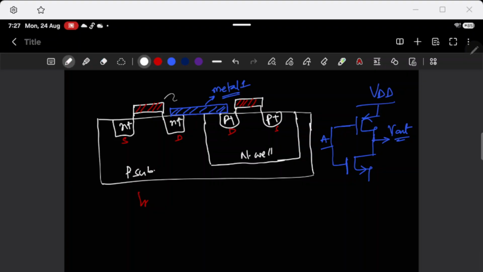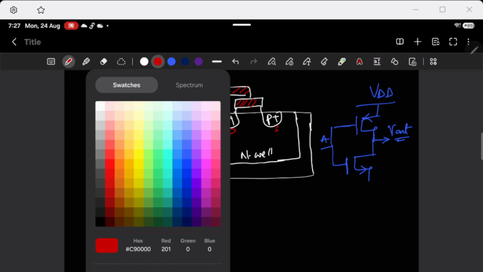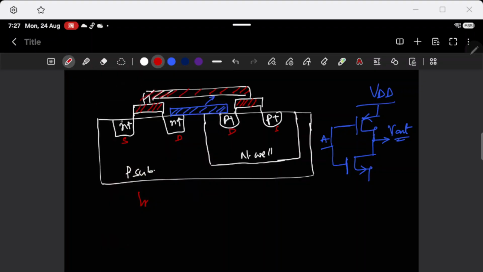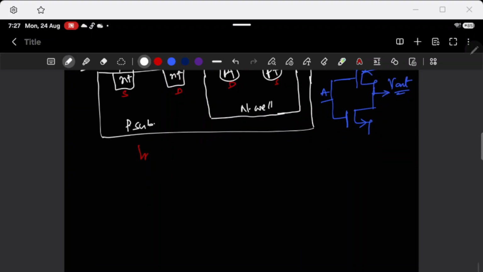So I'm using a poly layer to connect. Okay. Yes. And this is connected to ground. This is connected to VDD. Okay. So let's come back to our presentation.